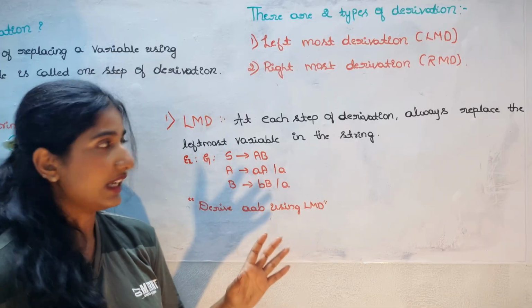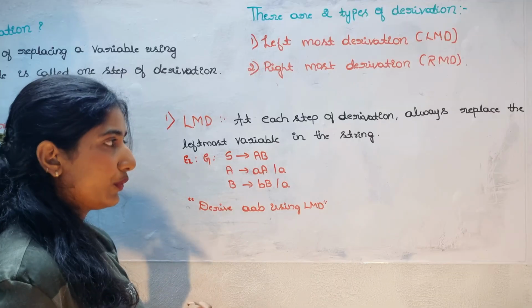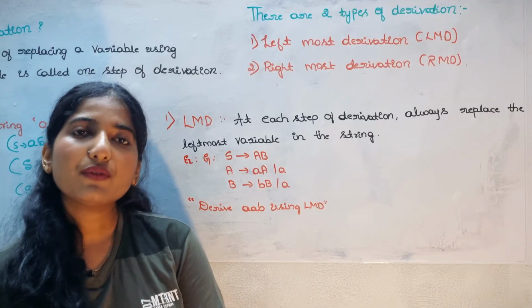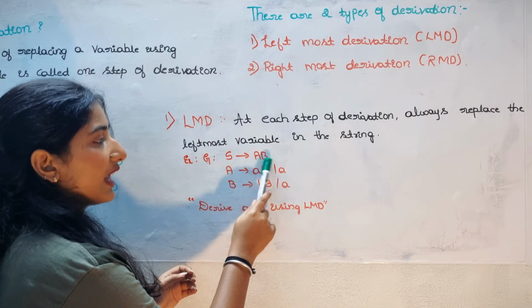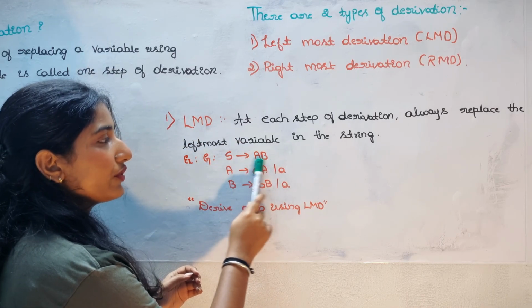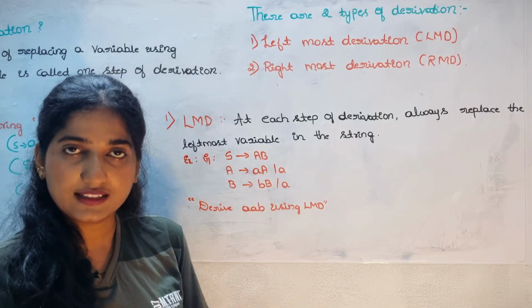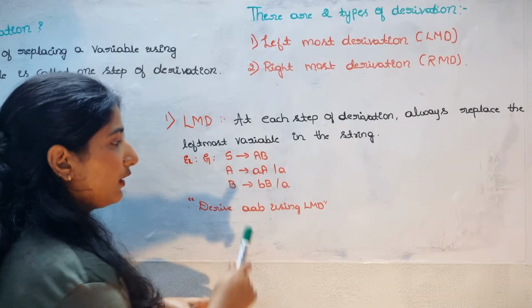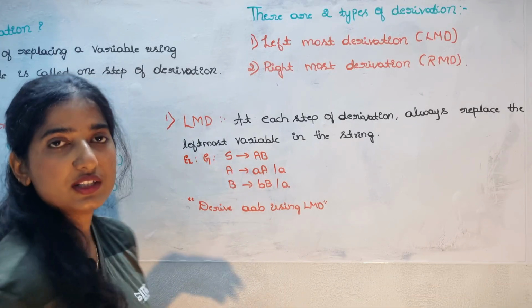In LMD, at each step of derivation, always replace the leftmost variable in the string. Leftmost derivation means if I have S derives AB, the leftmost variable is A, right? So we have to replace A with another terminal or another rule, so I have to substitute this rule.